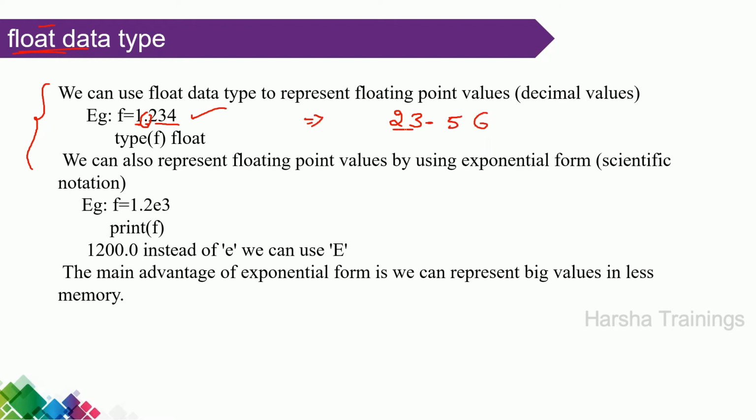Here 23 is called the integer part, 56 is called the fractional part, and this point is called the decimal point. This is the way to represent floating point numbers.